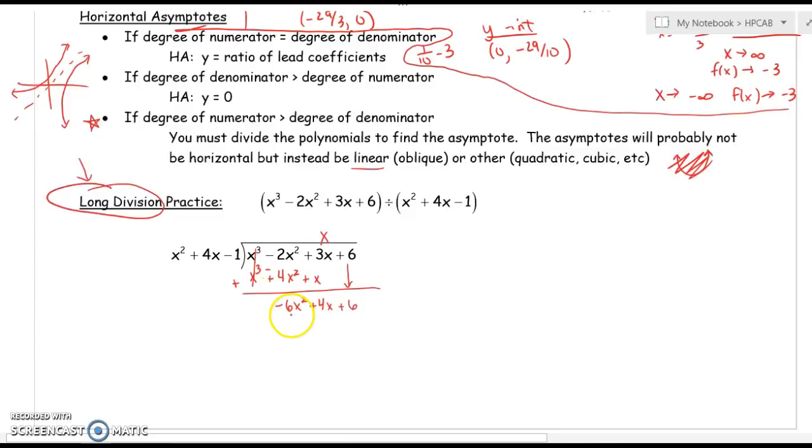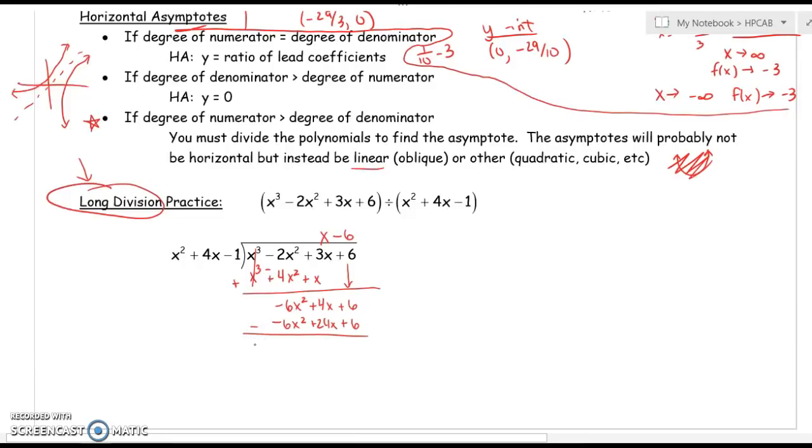X squared times what is negative 6x squared? X squared times negative 6 will give you negative 6x squared. So you distribute: negative 6 times x squared is negative 6x squared. Negative 6 times 4x is negative 24x. And negative 6 times 1 is negative 6.